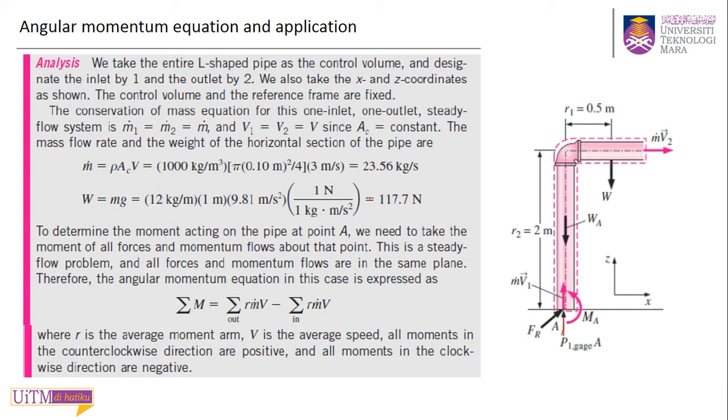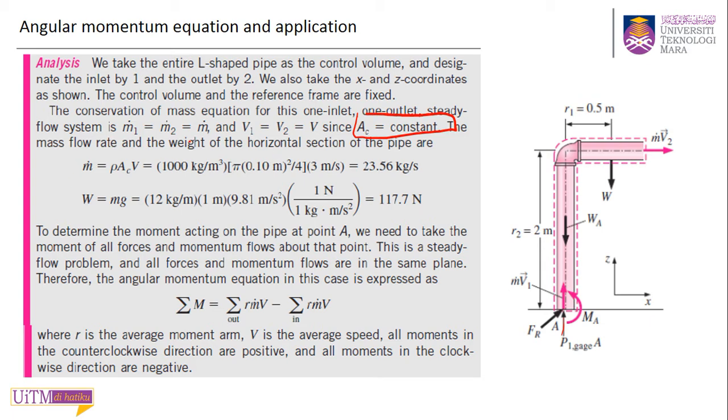The continuity equation is the same, Q is the same, volume flow rate and mass flow rate will be the same, because V is the same and A, the area of that pipe, is constant, so that's why it's easy, everything will be the same.